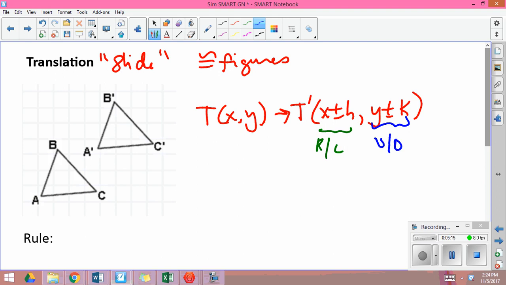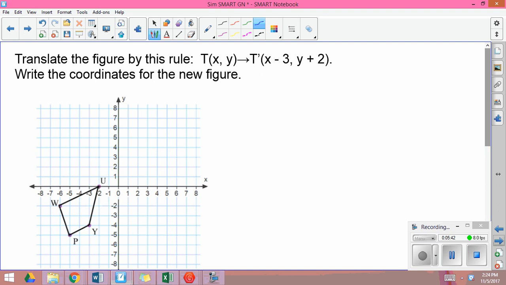So to move from A to A prime, we're going right, so we're going to add whatever these h units are, and we would add whatever these k units are to each of the coordinates. So transformations is a matter of reading the graph, got to know your notation, original to new, and make sure it applies to everybody. So translate the figure by this rule.